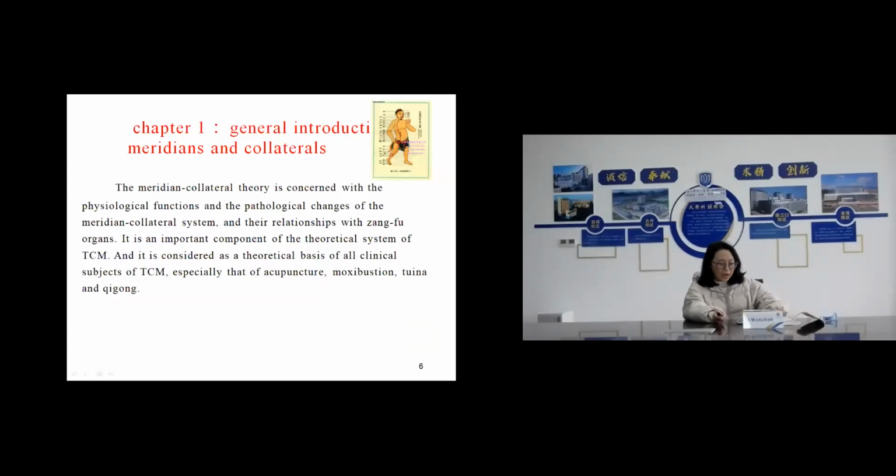Now I will introduce the first chapter, General Introduction of Meridians and Collaterals. As we know, meridians and collaterals are an important component of the theoretical system of traditional Chinese medicine. They are the basis.